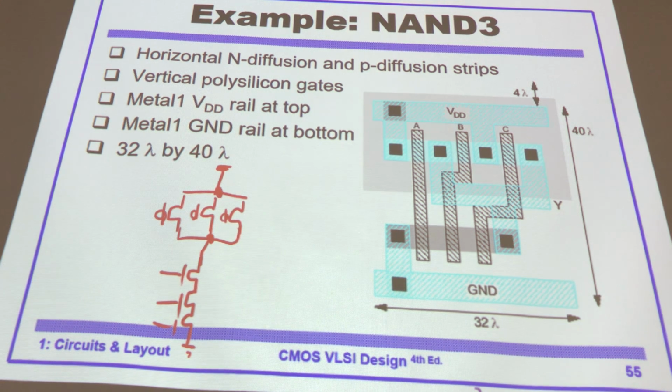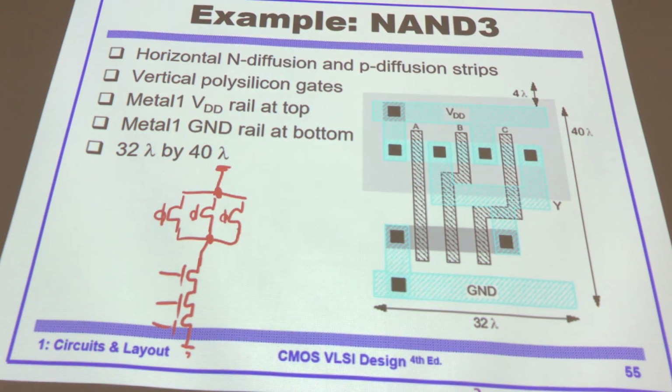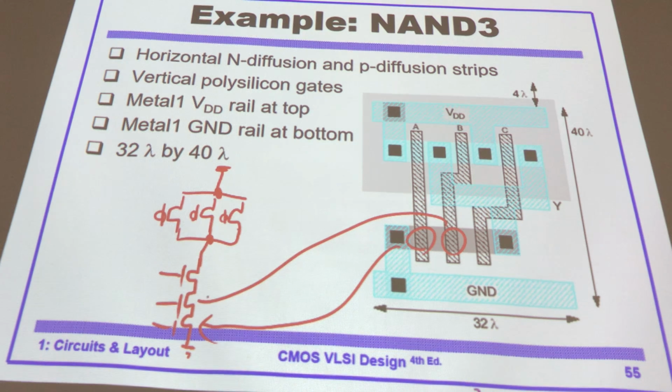Okay, look at this. Right? 3 NMOS transistors in series. You simply use the same diffusion layer. This NMOS transistor is this one. This NMOS transistor is this one.